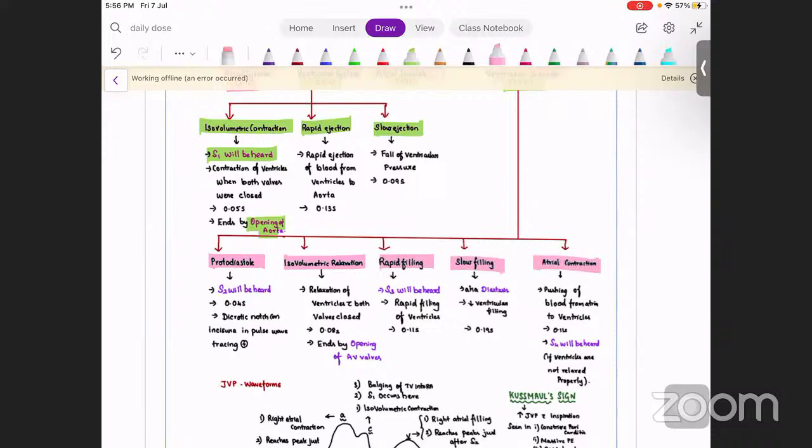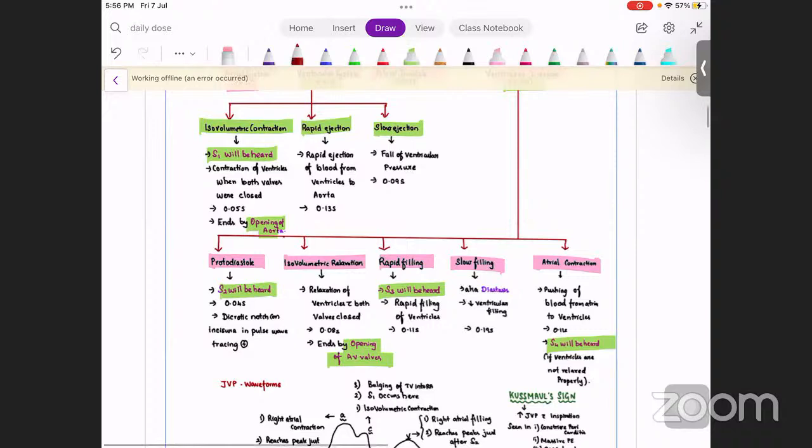Among these 5 phases, S2 is heard in protodiastole, and isovolumetric relaxation ends by opening of the AV valve. Then you have rapid filling and slow filling, where in rapid filling you hear S3, and in atrial contraction you hear S4.